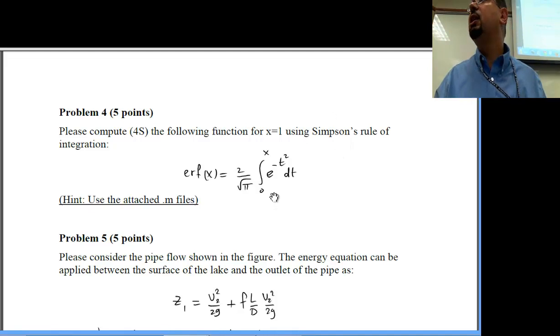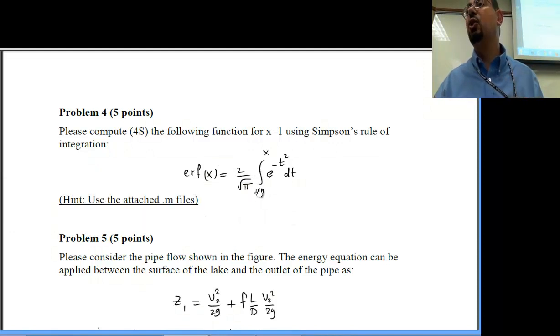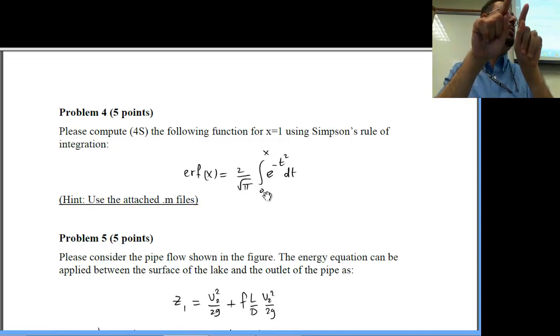You will see that integration there. All you have to change is probably just the number of intervals and the limits. You just have to make sure that the limits are correct. You are integrating from 0 to 1, and then there is a number of intervals. You play with it there.